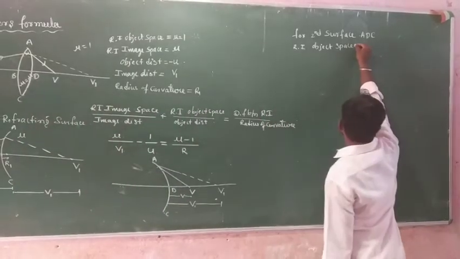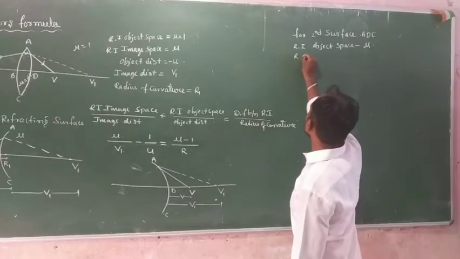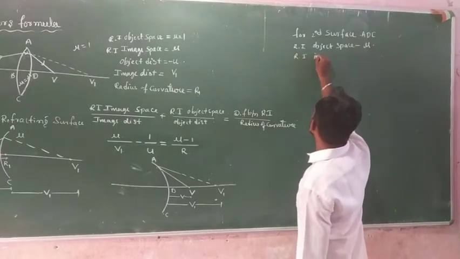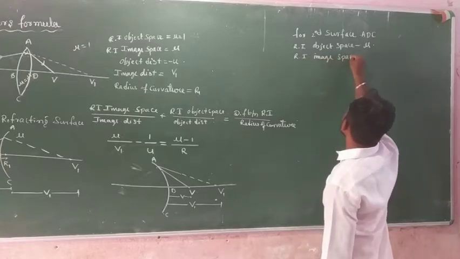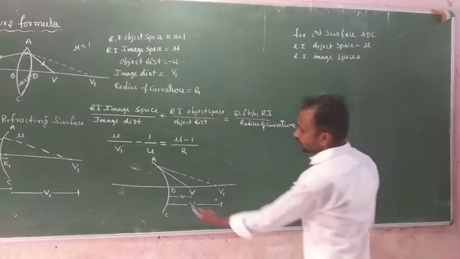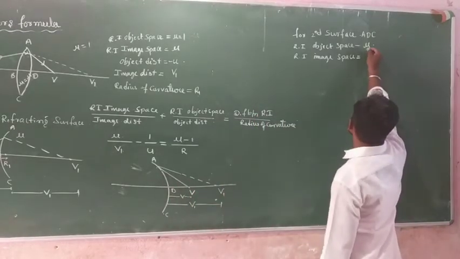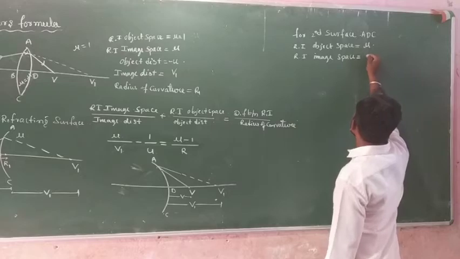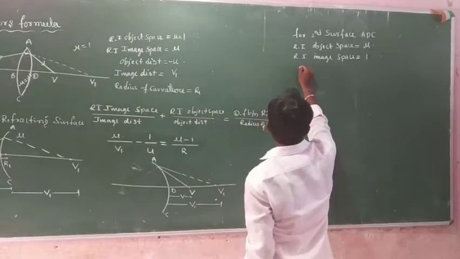So the object here we consider mu, and the refractive index of the image space. Okay, so the image is present in the rarer media, so its refractive index we consider 1, and the object distance.